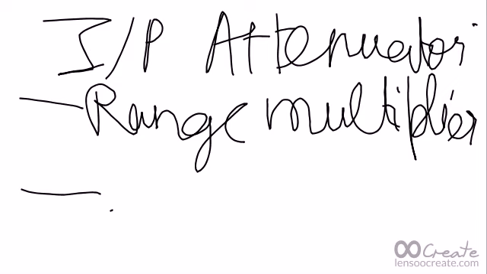So the attenuator has two main functions: it serves as a range multiplier, and it permits a large range of signal to be analyzed without loading the amplifier. The amplifier won't be loaded, and it will allow and amplify the large range of signal.